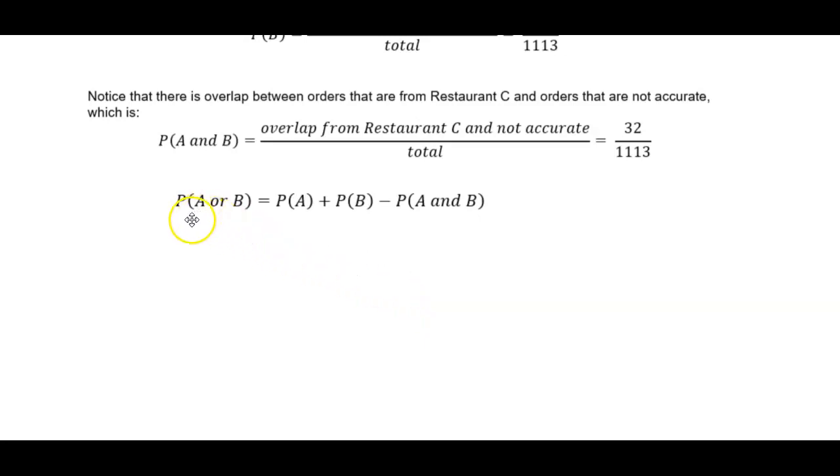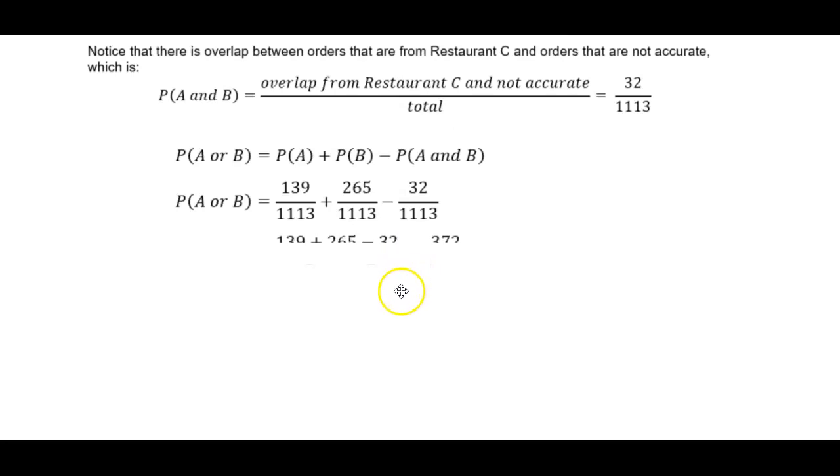Now, we want to find the probability of A or B, which is equal to the probability of A plus the probability of B minus the probability of A and B, since we found all three of those fractions. So that means we're going to say 139 over 1,113 plus 265 over 1,113 minus 32 over 1,113.